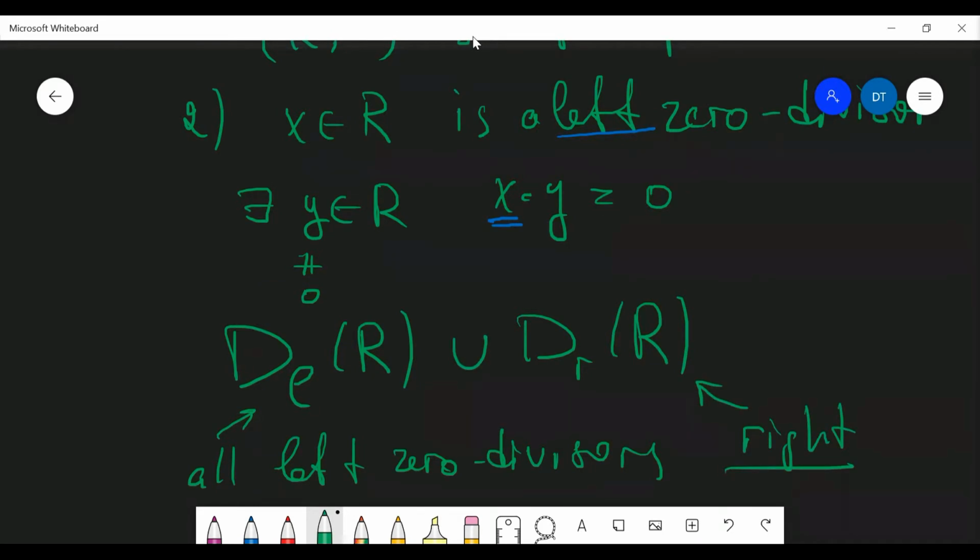And left and right zero divisors give you the set of all zero divisors. So when you say that x is a zero divisor, it means it's either a left or right zero divisor. And if your ring is commutative, then there is no difference between left and right zero divisors.